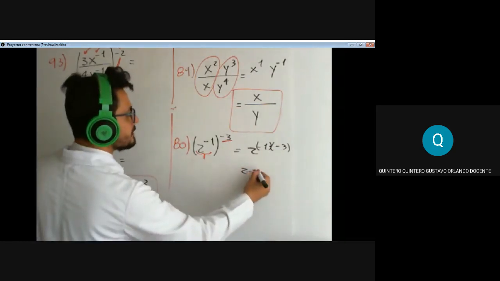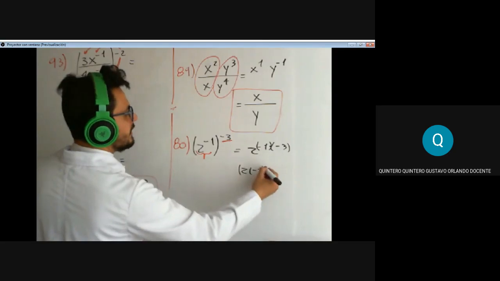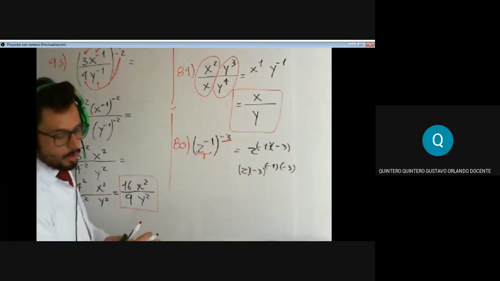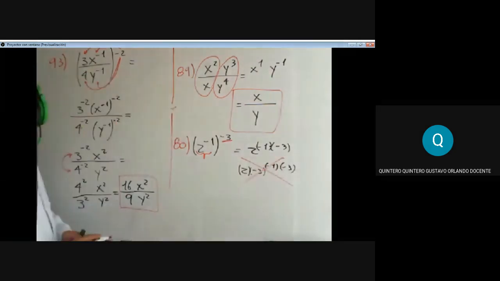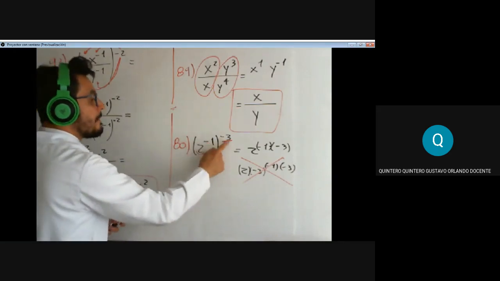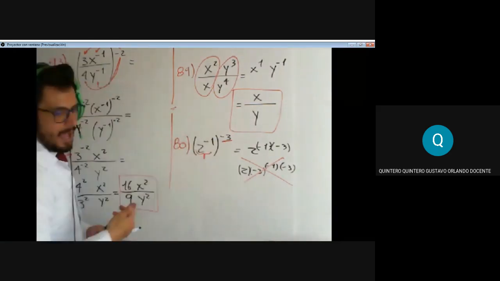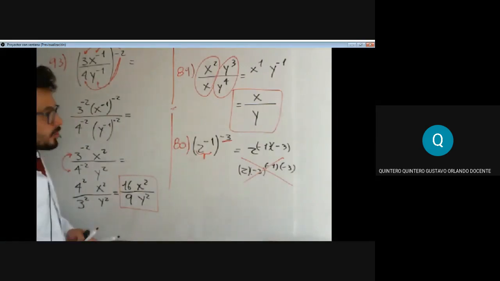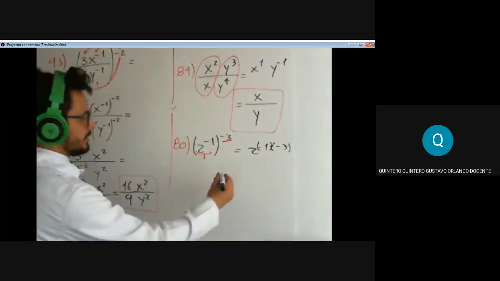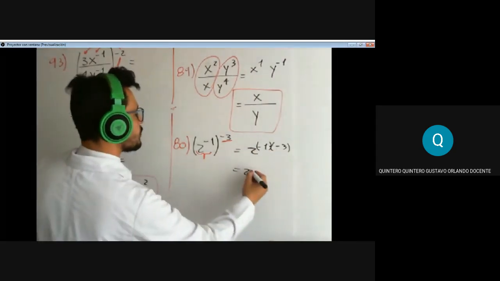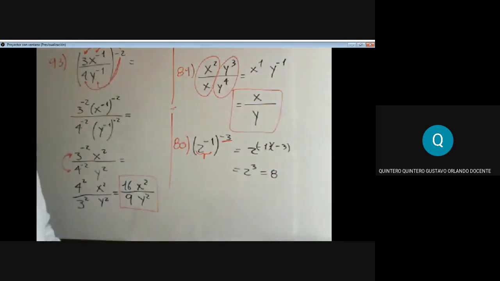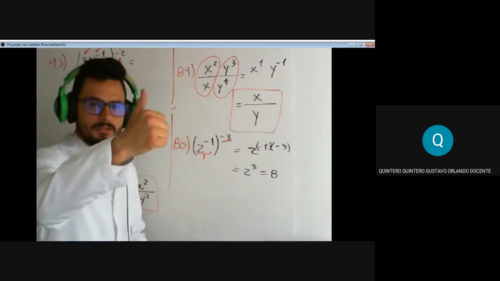No, this is a mistake, all right? The negative 3 is only going to be multiplied to the exponent because the negative 3 is also an exponent itself, all right? So you only multiply the exponents, not with the base. This answer will be 2 to the positive 3, which is 8. Okay. That better, Tomas? That good?